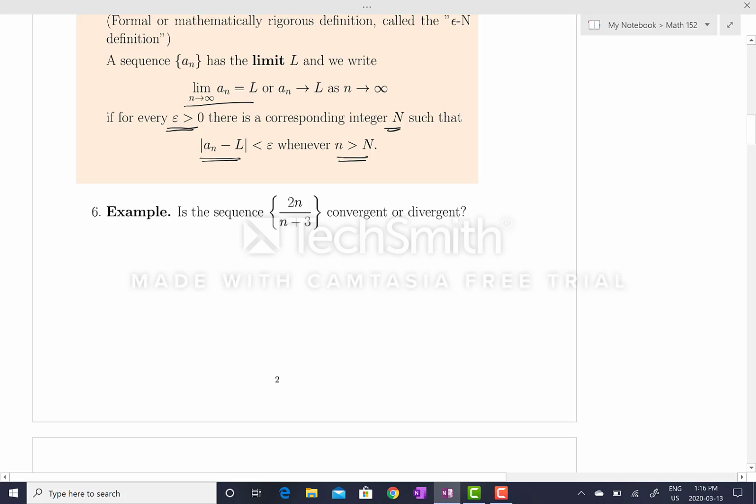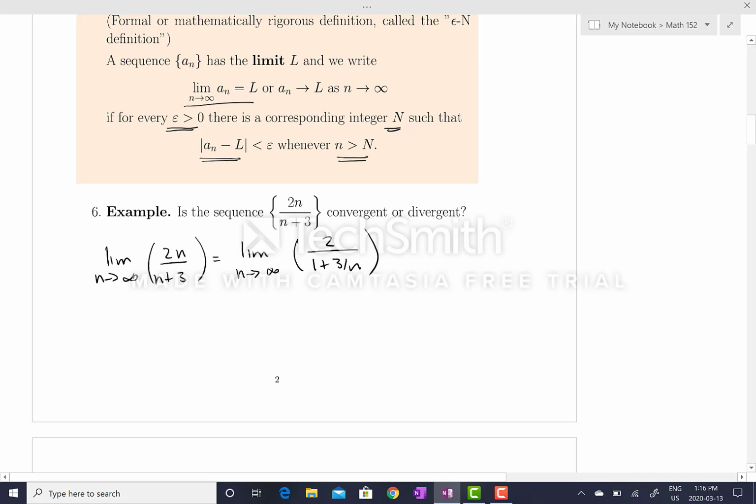Okay, so let us take a look at that. We will take the limit as n goes to infinity of 2n over n plus 3. That's going to be the limit as n goes to infinity, and I'm going to divide numerator and denominator by n and write it like this, just to make it easier to see what's happening.